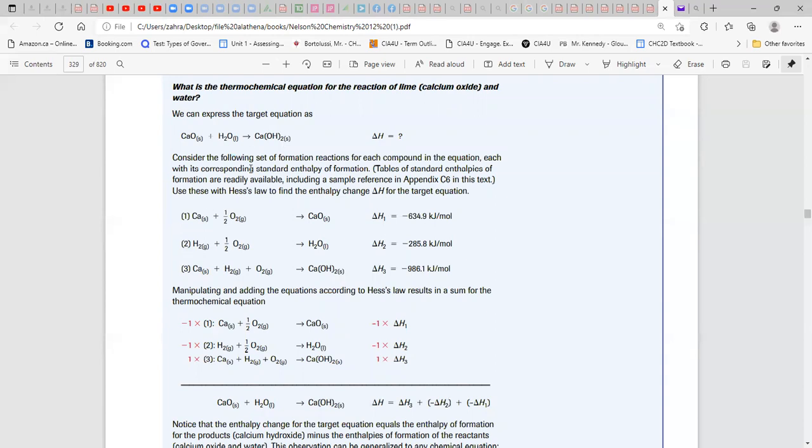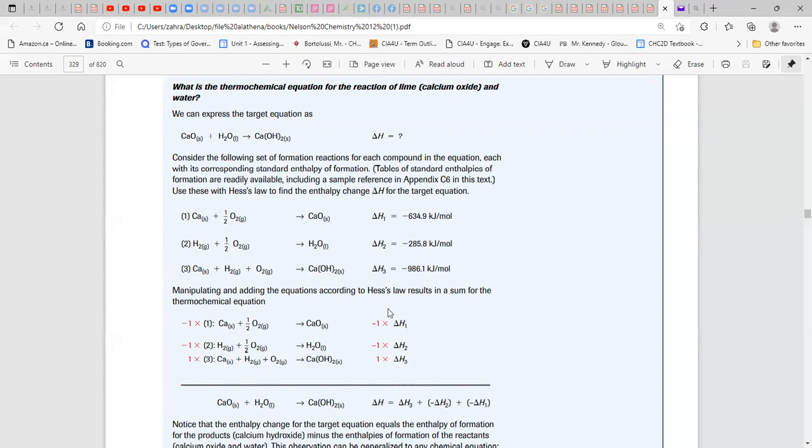For the second one, again, H2O should be on your left side, so you multiply by -1. The coefficient is 1 and 1, so it's good. And for the last one, Ca(OH)2 is in the right place, on the right here and on the right here. The coefficient is 1, so you don't need to change it, or simply multiply by 1.